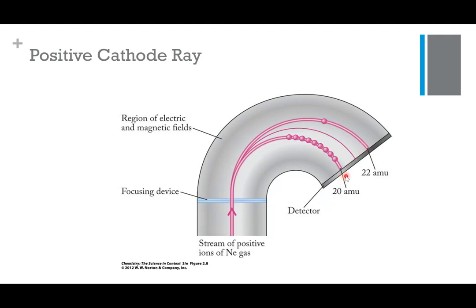What they saw on the detector was 3 different spots where that neon gas landed. The first spot was here on the bottom, the second one was in the middle, the third one was on the top. So I put one stream of neon gas in, I get 3 streams of neon gas on the other side. And just to be clear, what hit the detector over here was still neon gas.